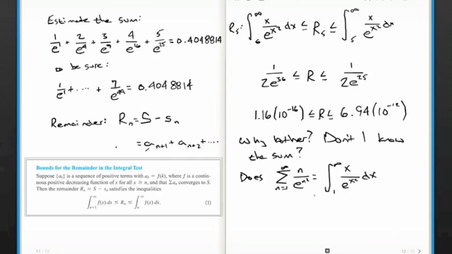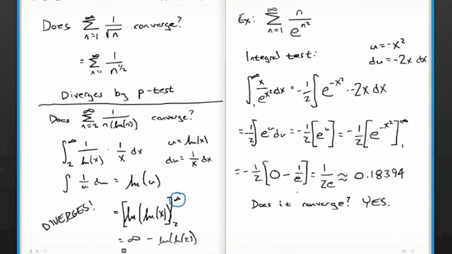Does this thing equal? Well, here I came up with my sum of the first 5 terms is 0.404. Here I came up with the first 7 terms, 0.404. But when I did this integral earlier, it converged on some value, 0.183.